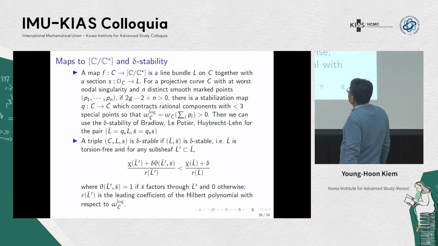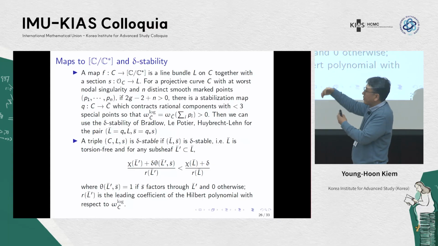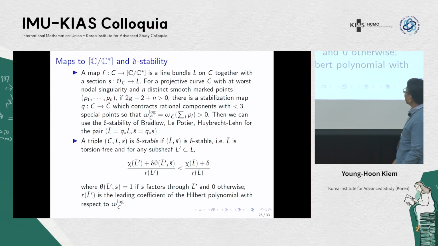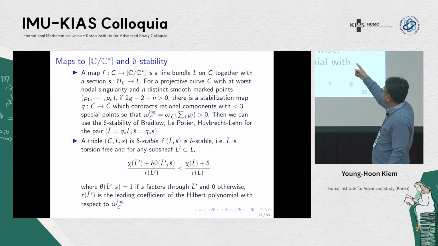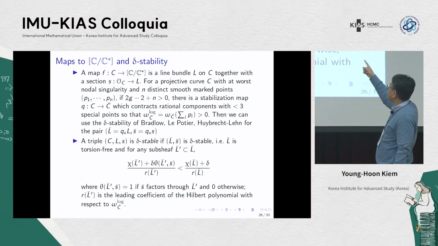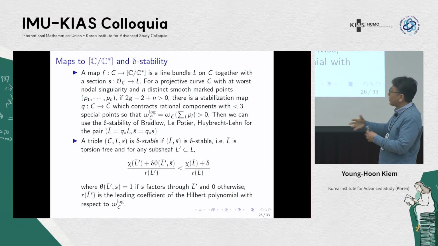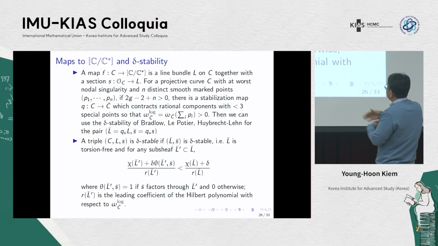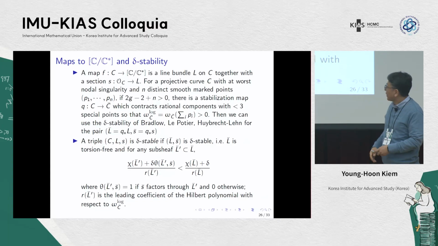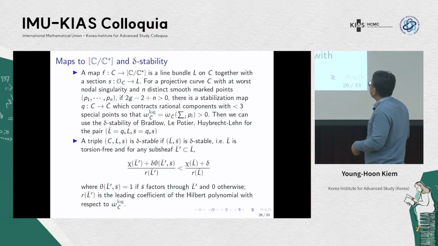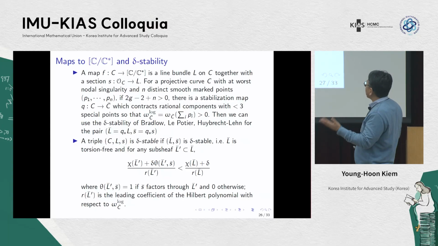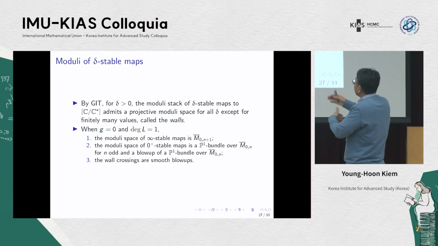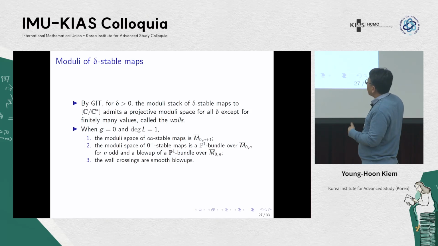And for a semi-stable curve C, you can consider the stabilization map to C bar. After stabilization, you get an ample line bundle, omega C bar log. With respect to the ample line bundle, you can think about the delta stability of Bradlow, Lepotier, Hollberg-Lang, and so on. And if you choose a delta, you get a moduli space of delta-stable maps.